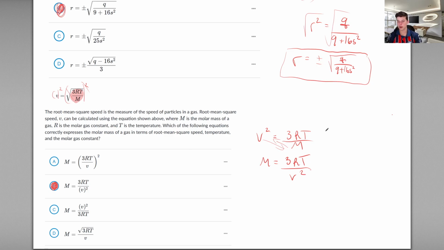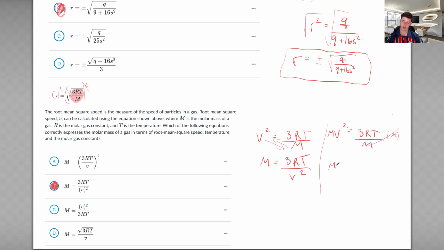Or we could have done the long way: v squared equals 3RT divided by m. So we multiply both sides by m because we gotta get this m up top since we want to solve for m. Multiplying both sides by m gets rid of this.